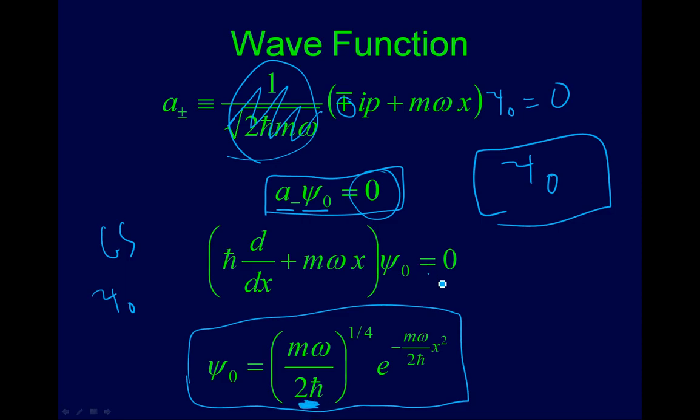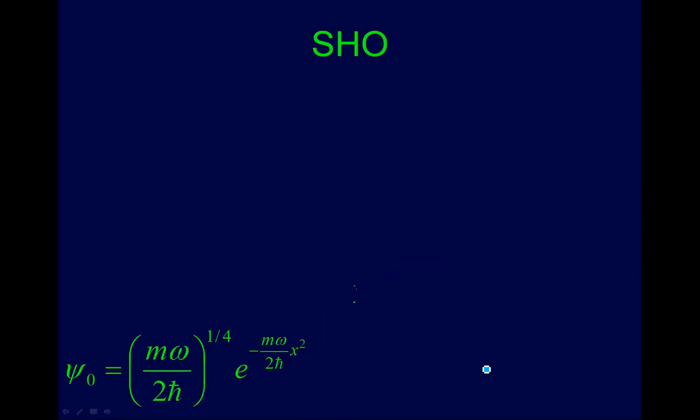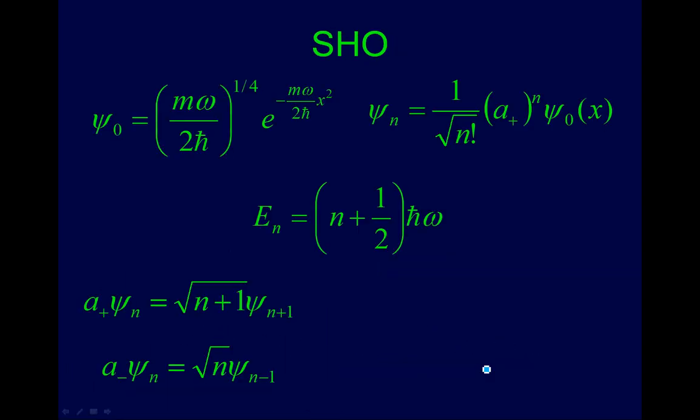From this solution, you would have gotten psi 0 of x equals something like a times e to the negative m omega over 2 h bar x squared, and then we use the integral of psi squared to normalize it. Once we have this one, by raising and lowering, we can find all the next states. That's what we've done here.